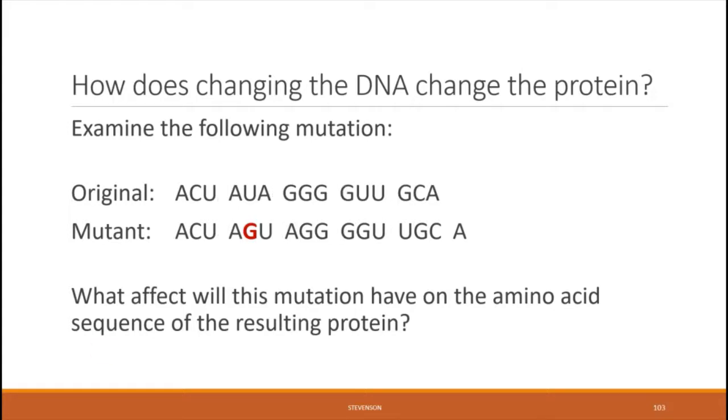Well, first we have to divide this up into three-letter codons. And now we see that the effect of inserting that one letter does not just change the codon where it was inserted, which turns from AUA to AUGU, but rather the effect of inserting it affects all of the codons that are after it and makes them no longer match the original two.